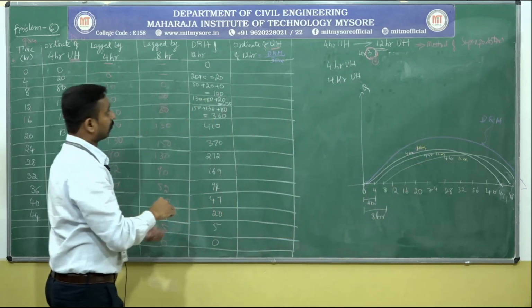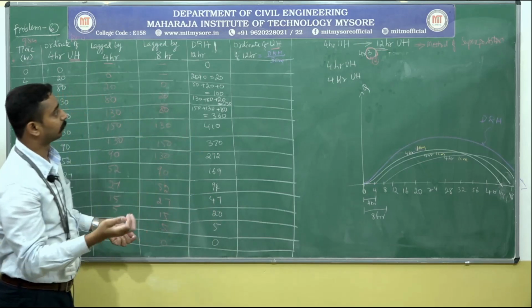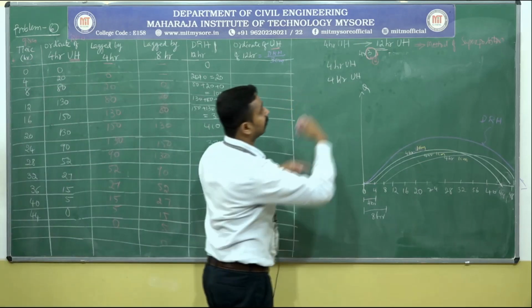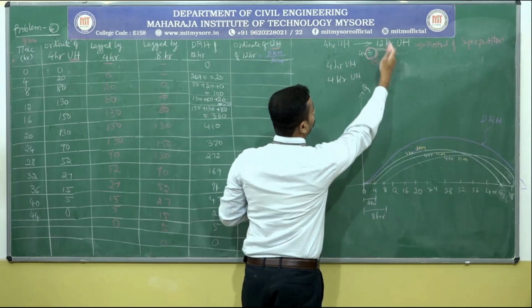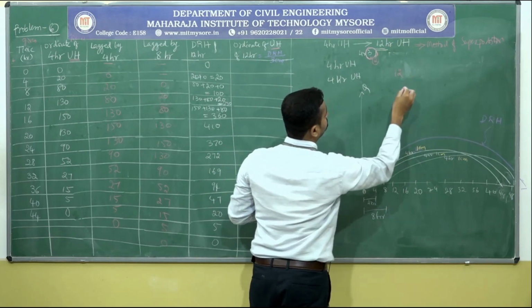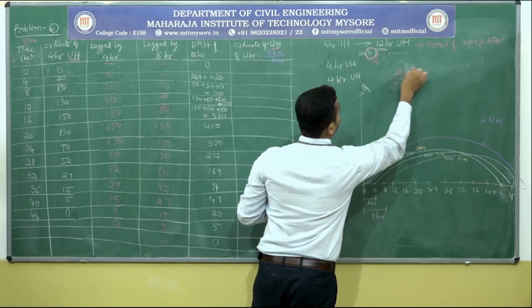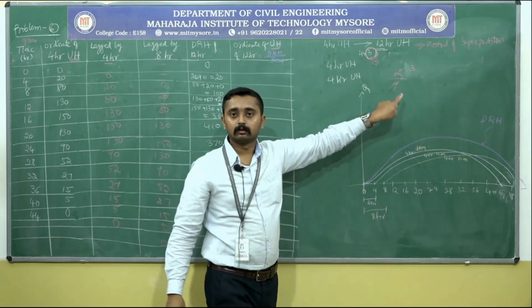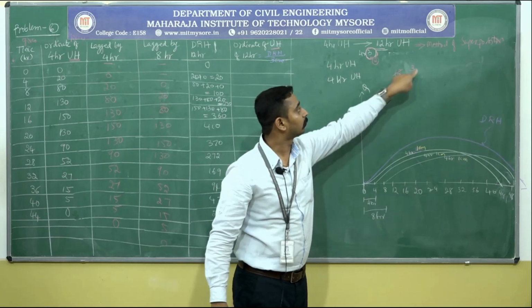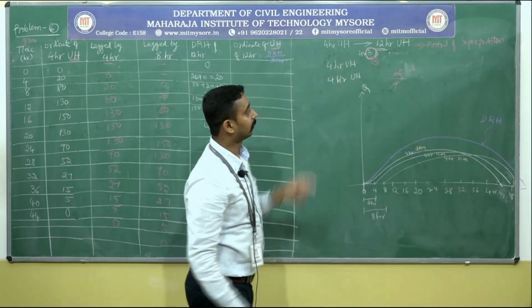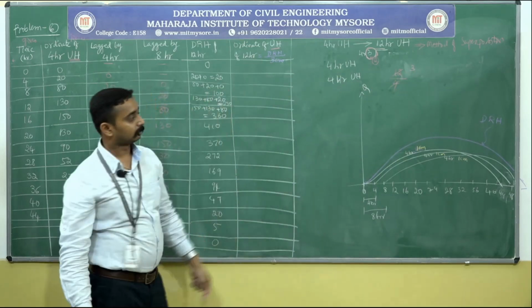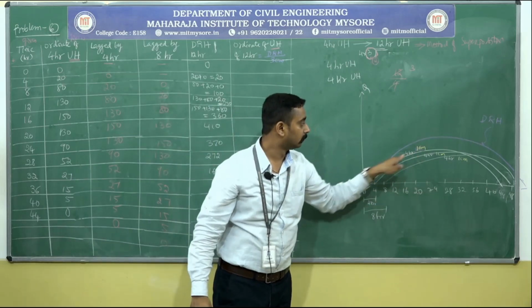Otherwise, you can understand it this way. We need a 12-hour unit hydrograph from the 4-hour unit hydrograph. 4 into 3 is 12. So this is 3. Otherwise, you can understand it graphically also.